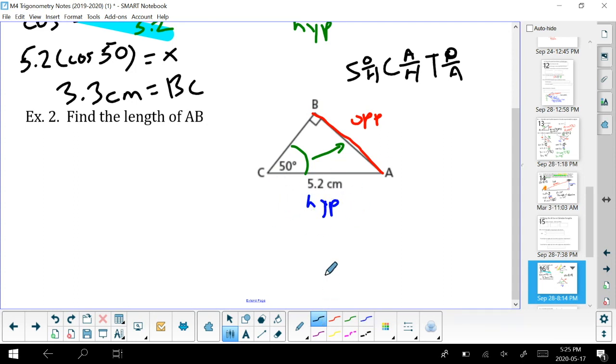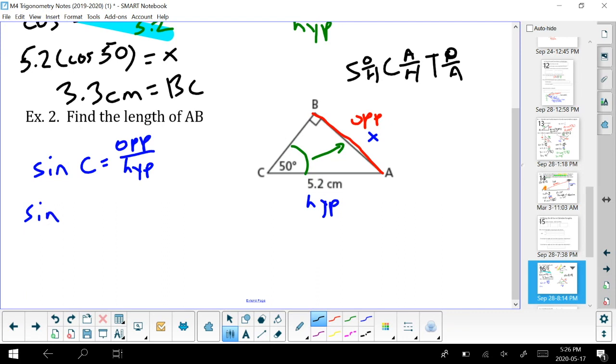So let's go ahead and set up our ratio here. We know that we need something to do with the opposite side and the hypotenuse. So we're going to be working with the sine ratio. So before I forget, let's label this as x. So we have the sine of angle C is equal to my opposite side over my hypotenuse.